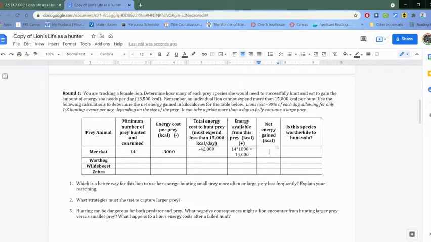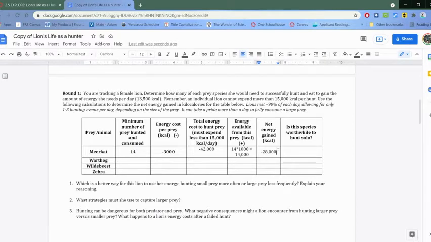So my net energy gain is 14,000, what I'm getting from eating the meerkats, minus 42,000, which is what I expended to hunt and kill the meerkats, and I end up with negative 28,000 kilocalories. So that is my net energy gained. I've actually lost 28,000 kilocalories.